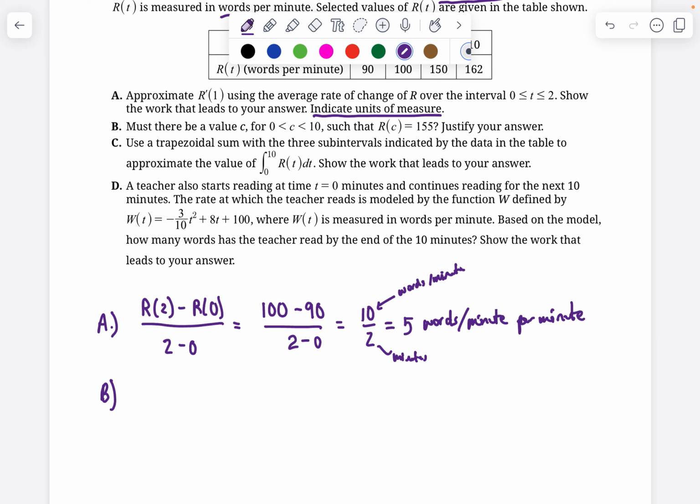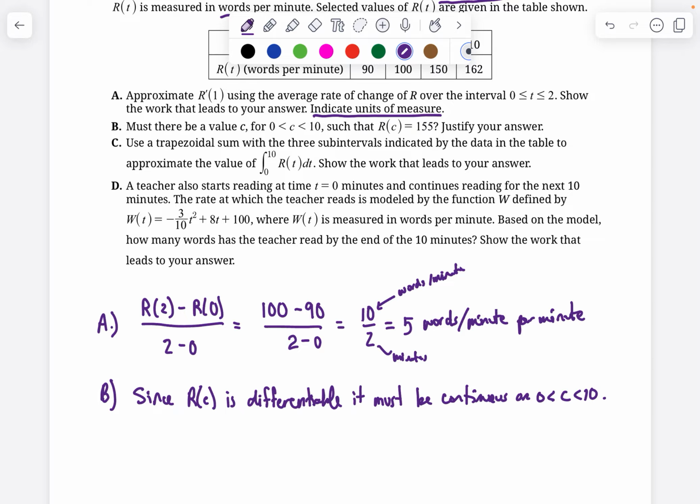So for the IVT, we do need to make sure that we meet all of the requirements. And so for the IVT, that means that it needs to be continuous. So we can say that since r of t is differentiable, it must be continuous on 0 to 10.